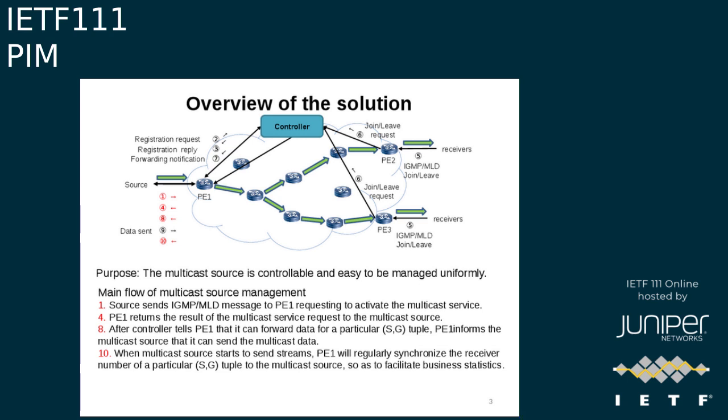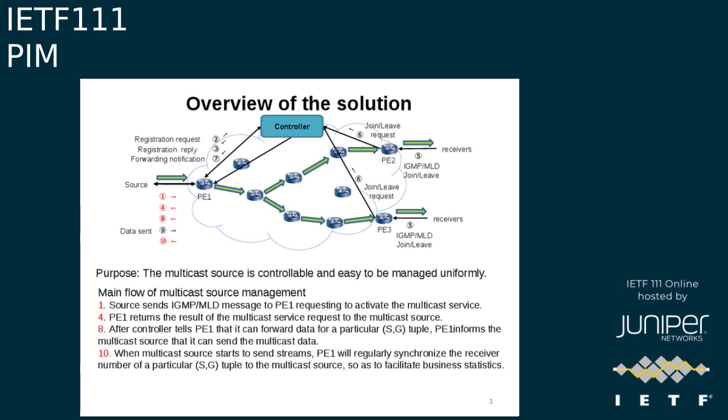Step 7, the controller informs the egress router to start or stop forwarding. Step 8, the ingress router sends a newly defined multicast data allocation message to the source to notify it to start or stop sending multicast packets to the group.